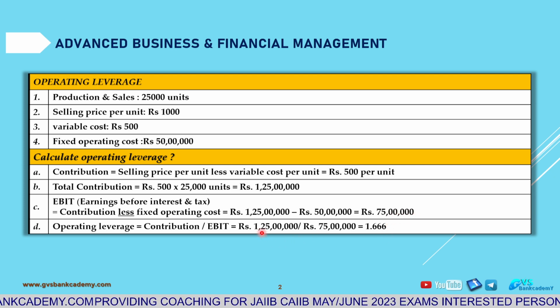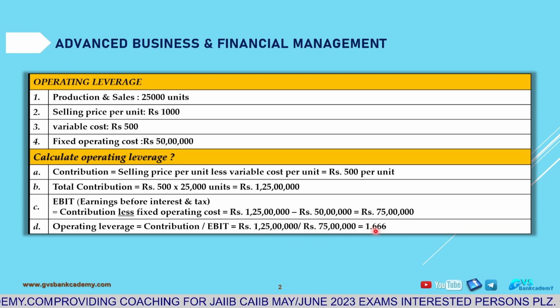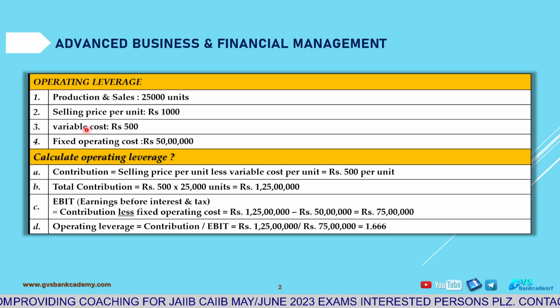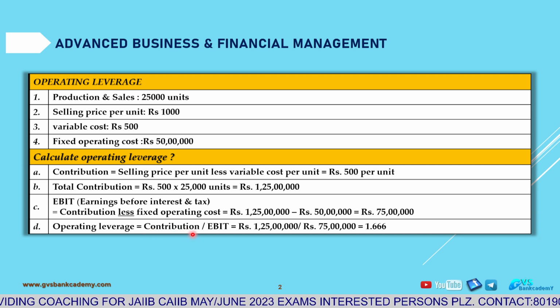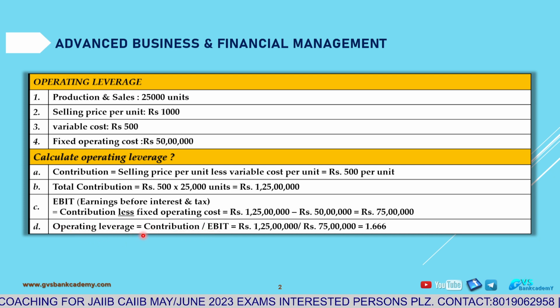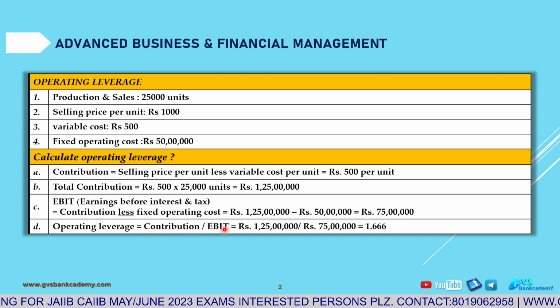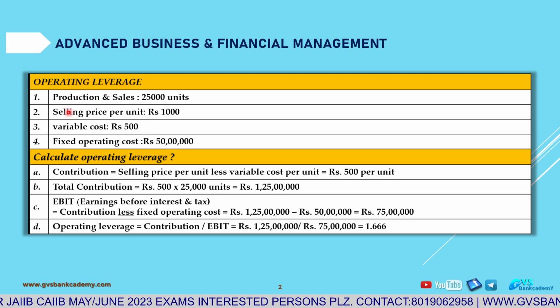So 1 crore 25 lakhs divided by 75 lakhs is equal to 1.666, which is the operating leverage. Contribution by EBIT, earnings before interest and tax: you have to remember this formula. This is the calculation of operating leverage.